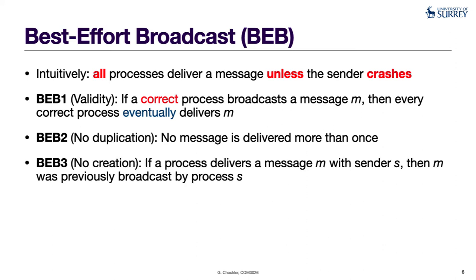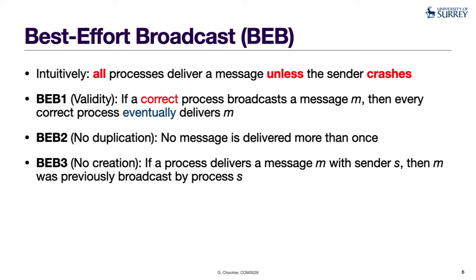The next property is called no creation, and it says that if a process delivers a message with the sender attribute being equal S, then this message was actually previously broadcast by S. Again, this is a very natural thing to expect from a broadcast service. It says that messages can't be created out of thin air.